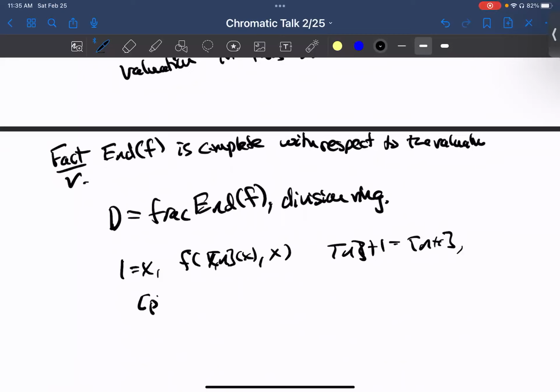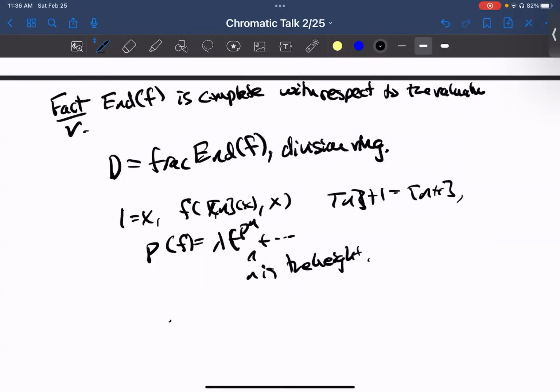So just by definition of height, P in this ring, if we apply this, is going to be lambda T to the P to the N plus whatever else. And in particular, this is where N is the height of F. So the same N from before.